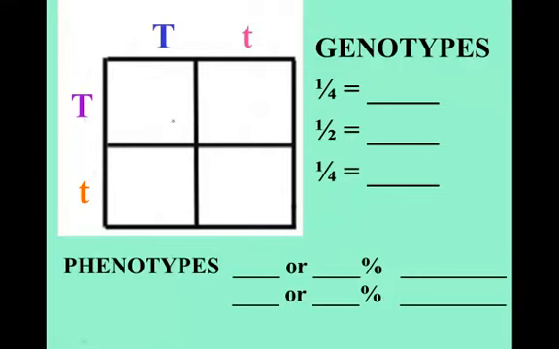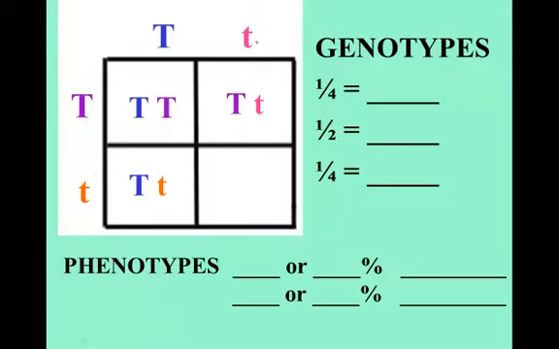If this parent gives big T and this parent gives big T, one possible combination could be an offspring that has 2 dominant alleles, 2 big T's. Also possible, I could give a big T from this parent and a little t from that parent. I could get a big T, little t combination. I could also get big T, little t from that combination.